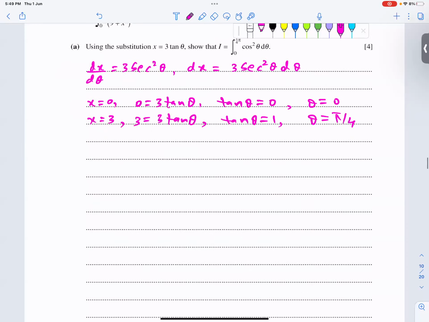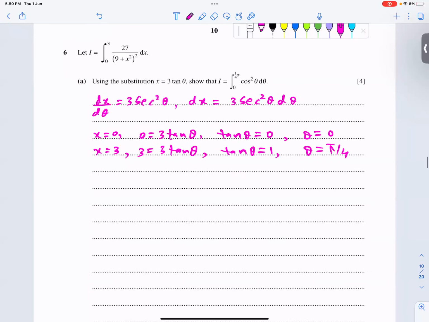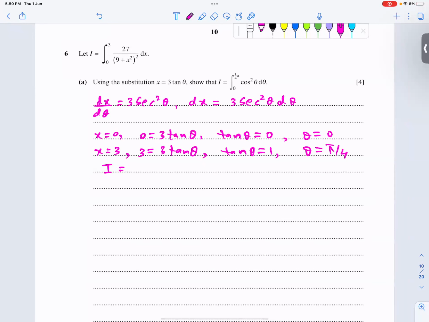Now, our integral was originally from 0 to 3 of 27 over (9 plus x squared) whole power 2 dx.